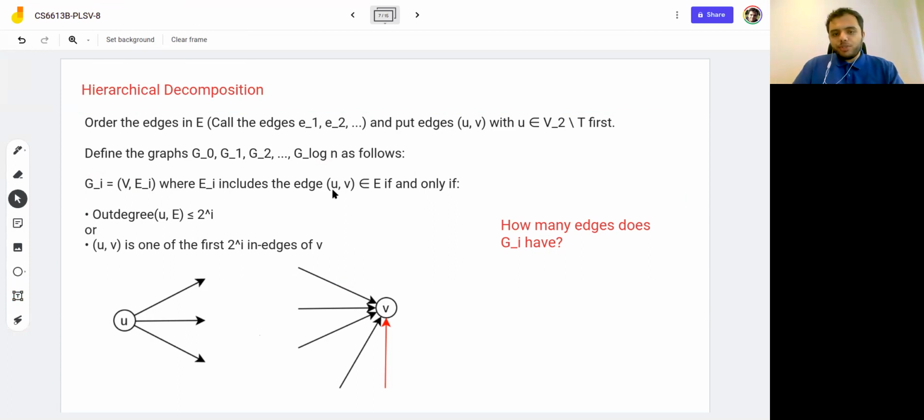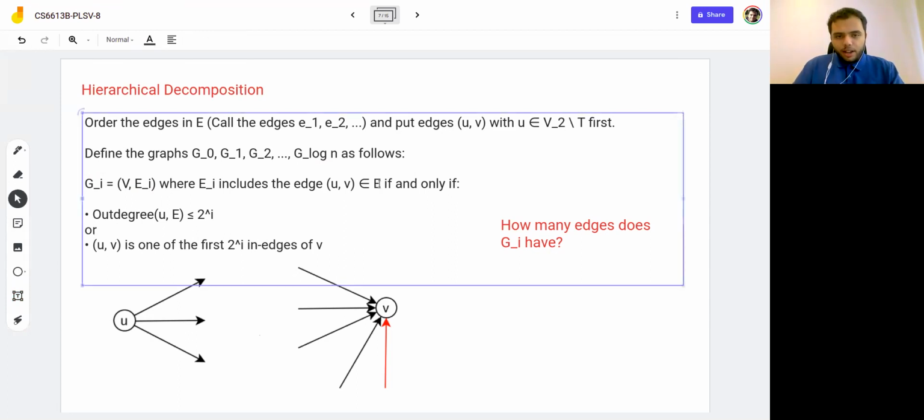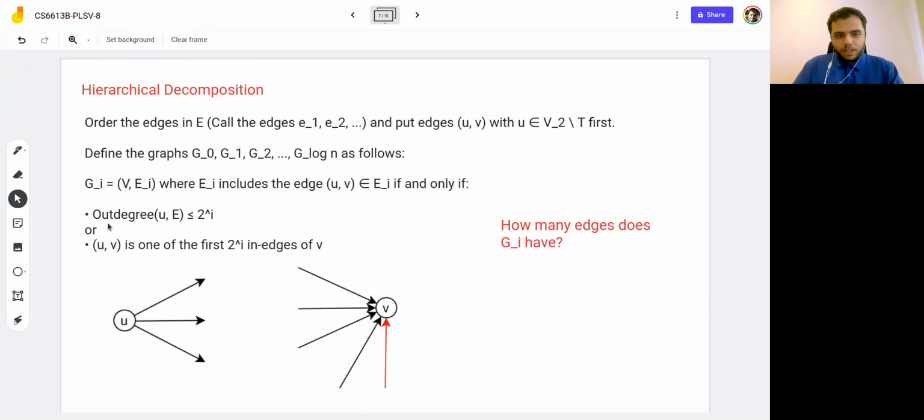So an edge UV is in EI if one of these two conditions holds. So the first condition is that if I have a vertex U and the number of edges that go out of U are at most 2 to the power of I, then I put all of these edges in my subgraph. I put all of these edges in EI.